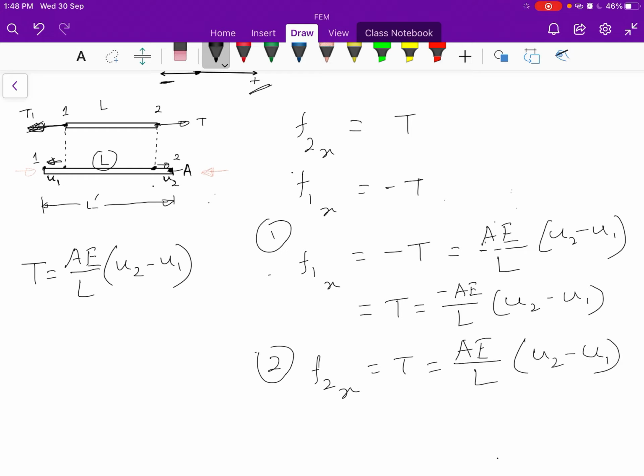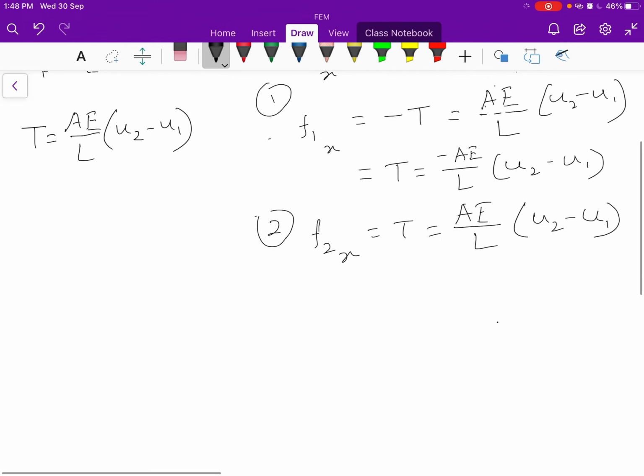So now if we write the entire thing in a matrix form, and remember, matrix form is the basic form of any finite element method. This entire finite element method or finite element analysis is based on these matrix calculations.